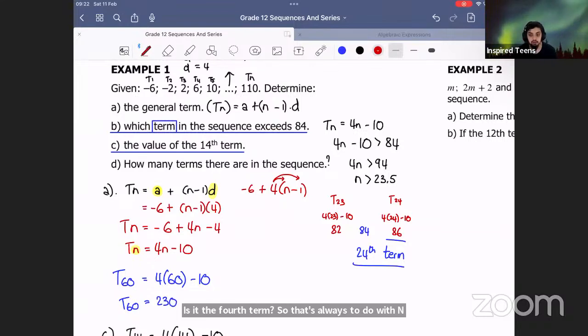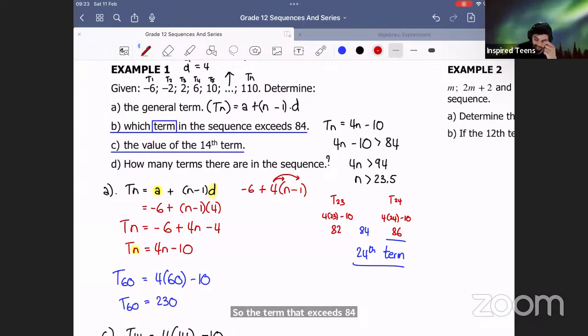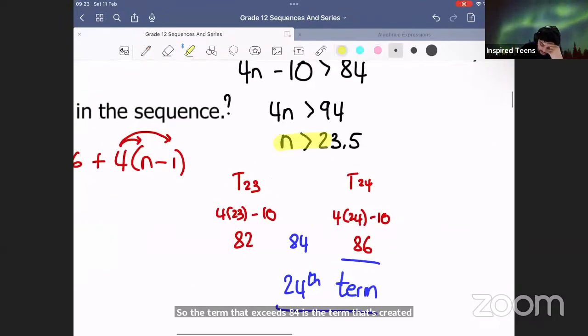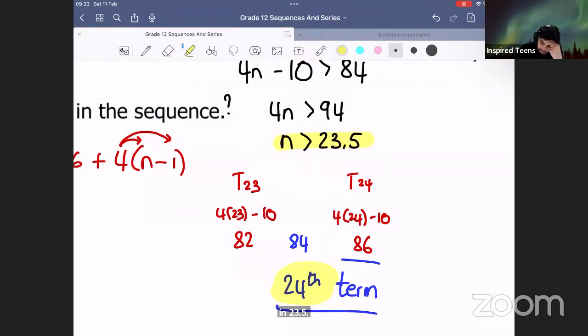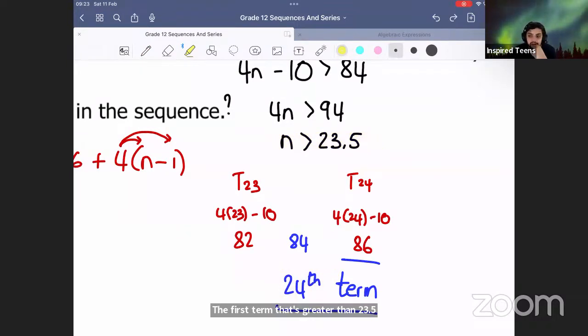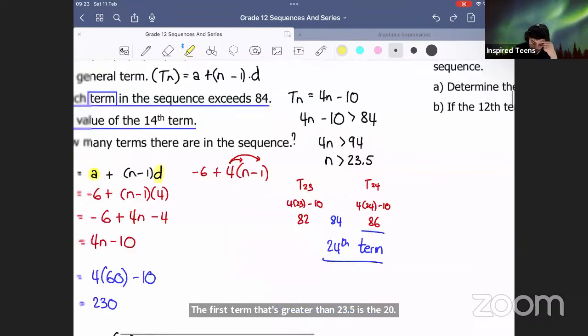So what we did was we took our general formula and we said 4n minus 10 greater than 84. And then when we simplified the calculation, we got 23.5. So the term that exceeds 84 is the term that's greater than 23.5. The first term that's greater than 23.5 is the 24th term. So that's how we got 24.